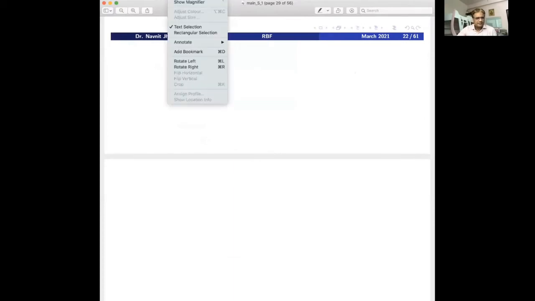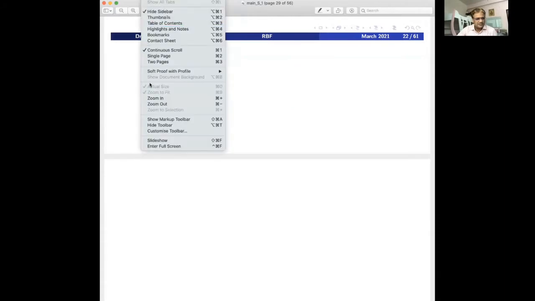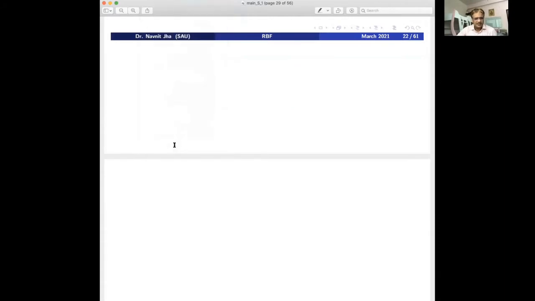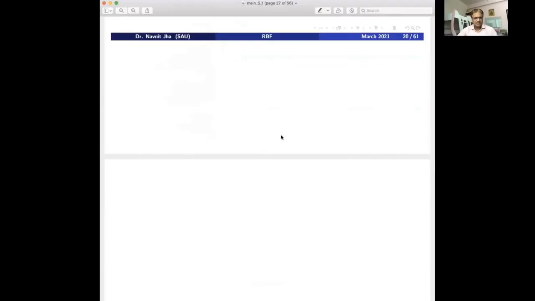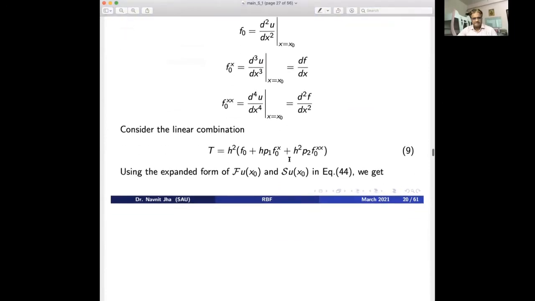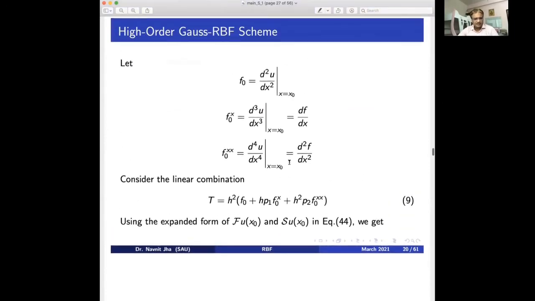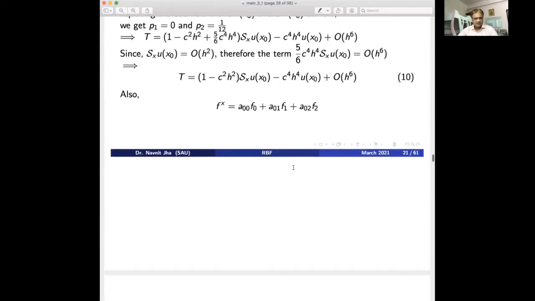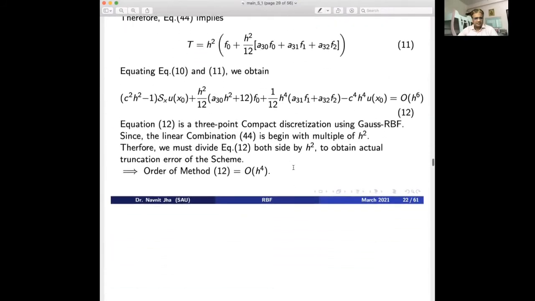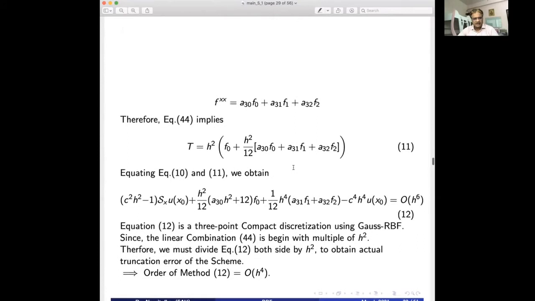So I guess use Control plus L. Yes, sir, I think. Actually this is a Mac system, so just a moment. Okay. Continuous scrolling तो है ही है. Single page पे लाइए ना sir. Okay. And now it's okay, sir. It's single page. Yeah, is this fine? Yes, sir.